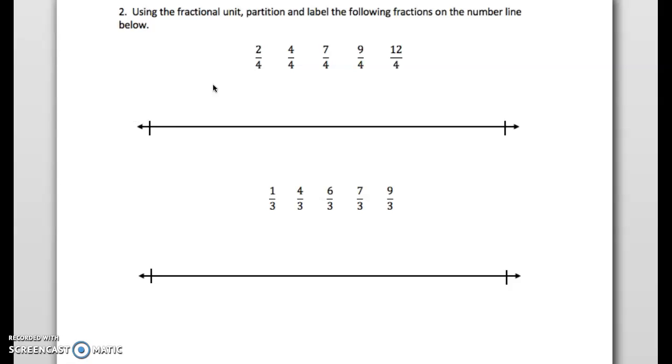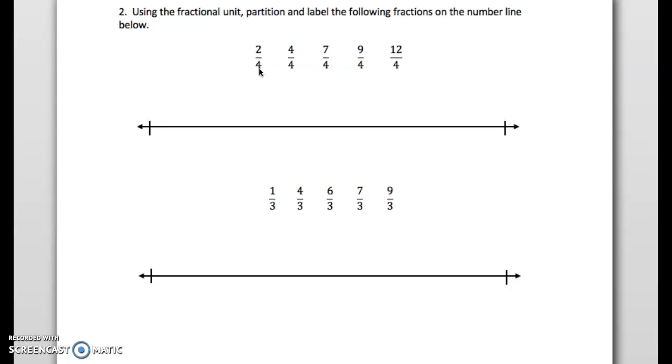So here we have a list of fractions, and the question's asking us to only label these 5 fractions onto our number line. This is a little tricky since we are missing the endpoints on our number line. So in order to find out what our endpoints will be, let's take a look at the smallest fraction we have listed, which is 2/4.